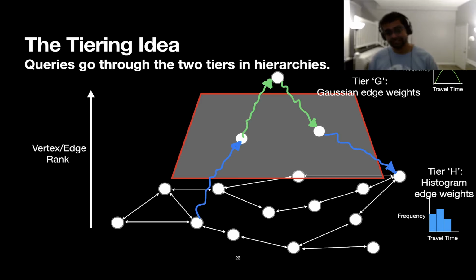However, at higher levels, the shortcuts represent longer distances and thereby have edge weights that, because of the central limit theorem, more closely resemble the Gaussian distribution. Therefore, we can simply replace the edge weight histograms for shortcuts in the upper tier with Gaussian distributions without much loss in accuracy.